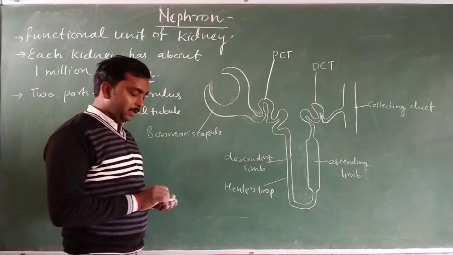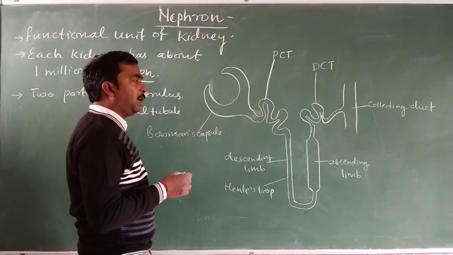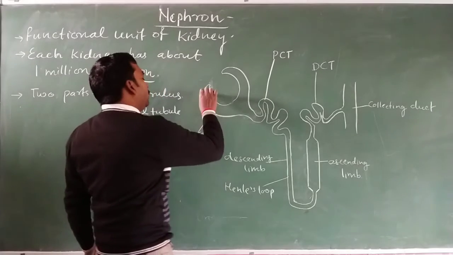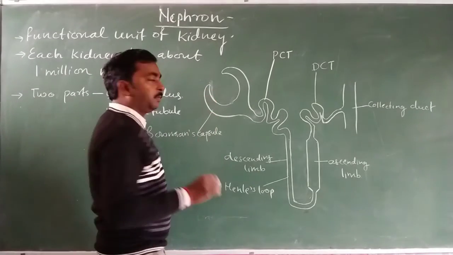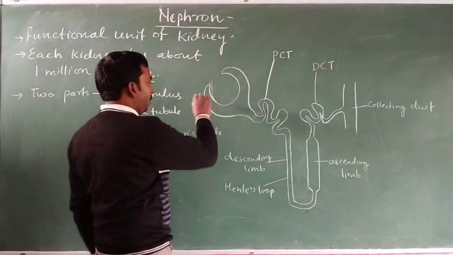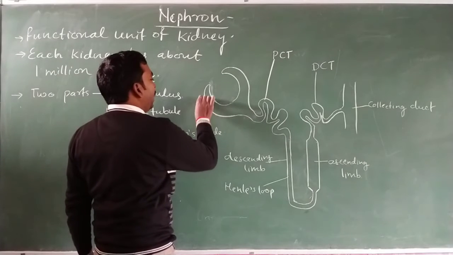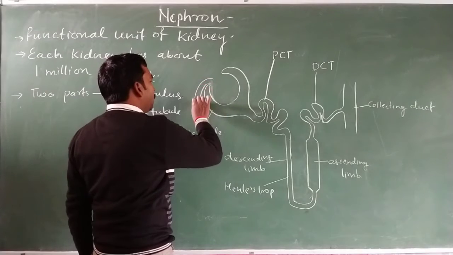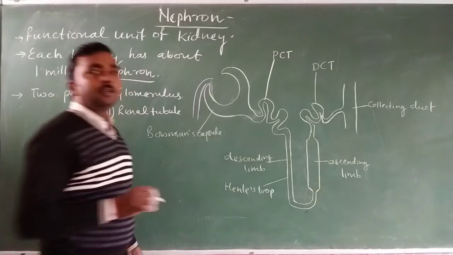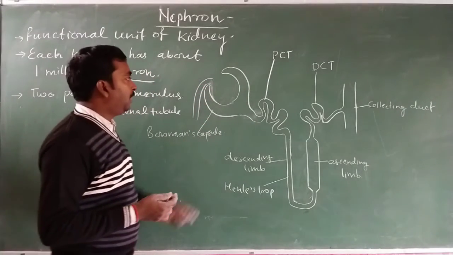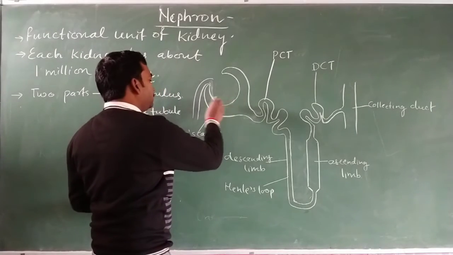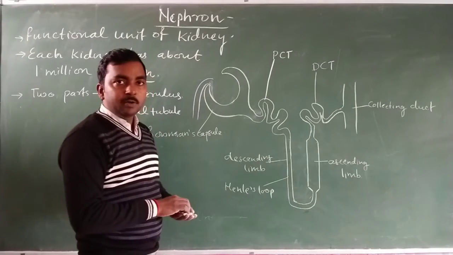Now, another structure is also wrapped around the nephron in the form of capillary. The capillary is formed with the help of an artery, and the artery which supplies blood to the nephron is known as the renal artery.